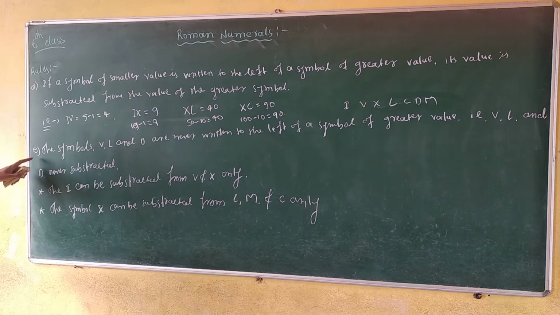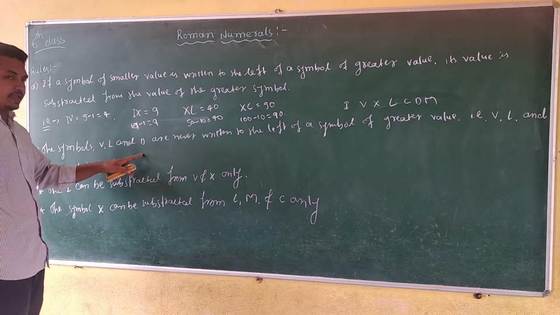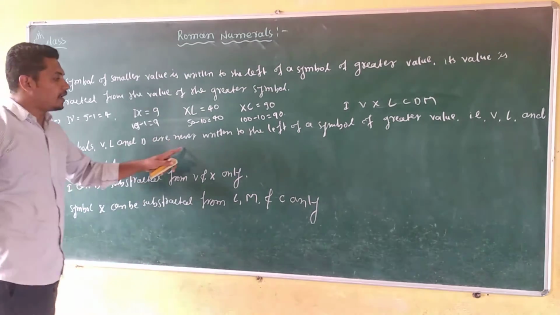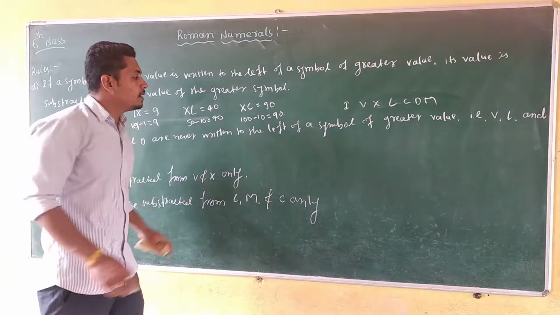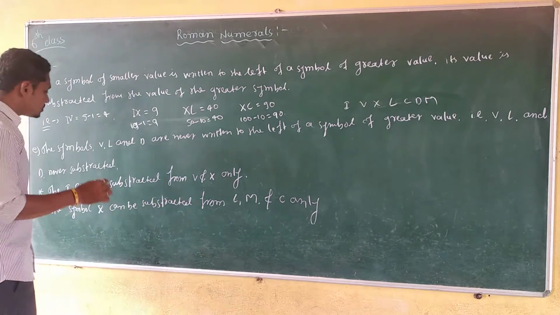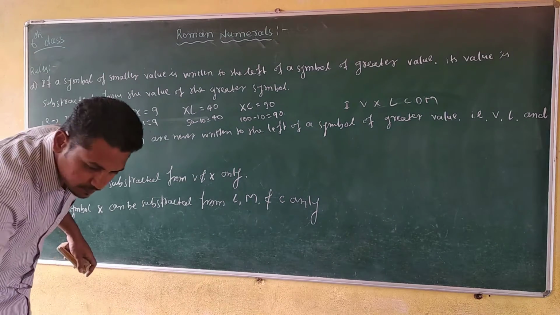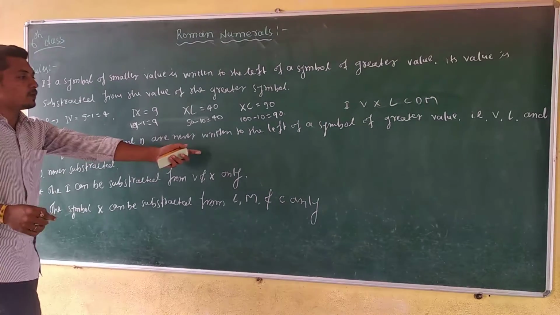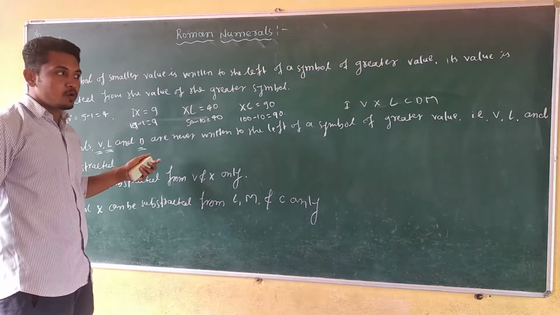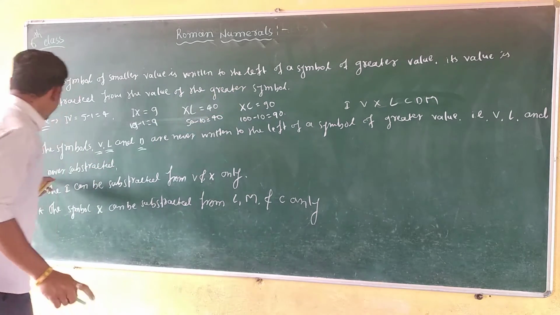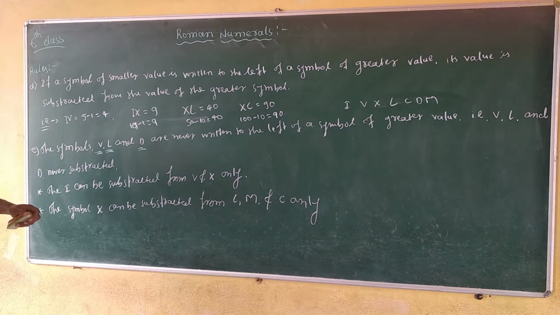The next rule is about the symbols V, L and D. The symbols V, L and D are never written to the left of a symbol, which means V, L and D are never subtracted.